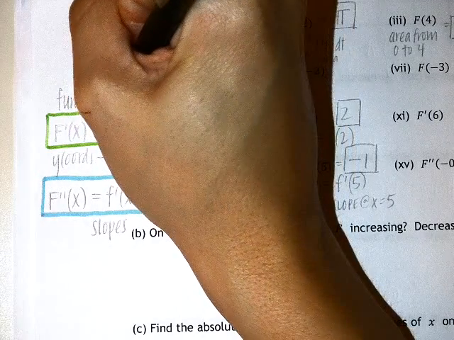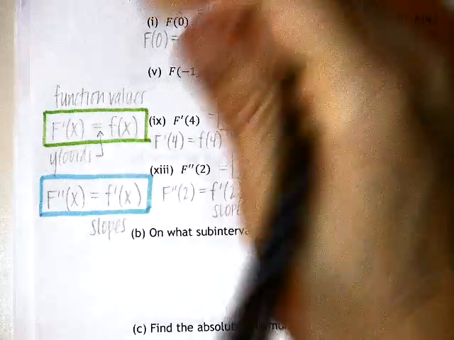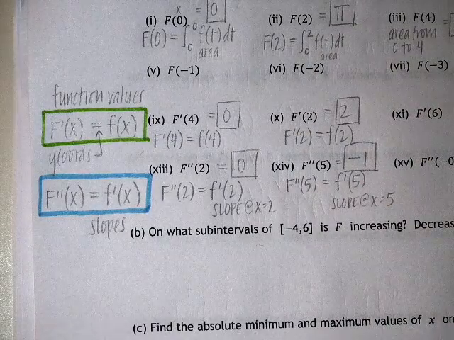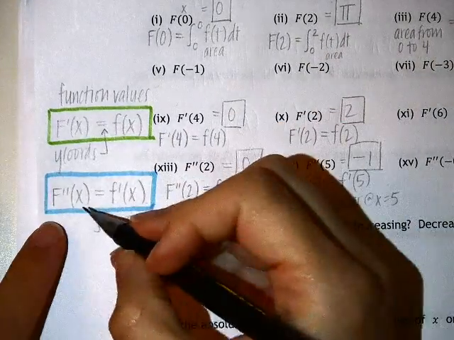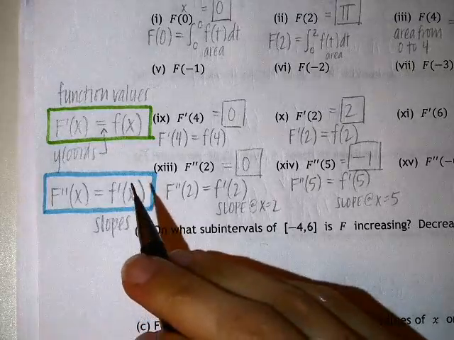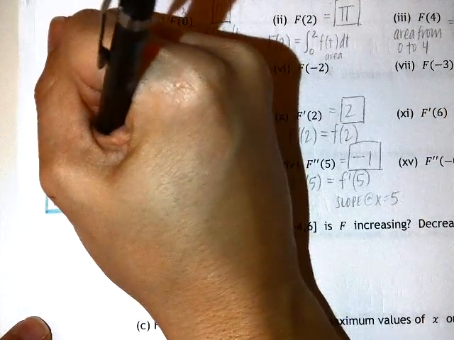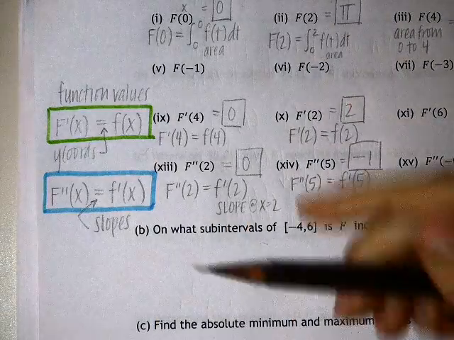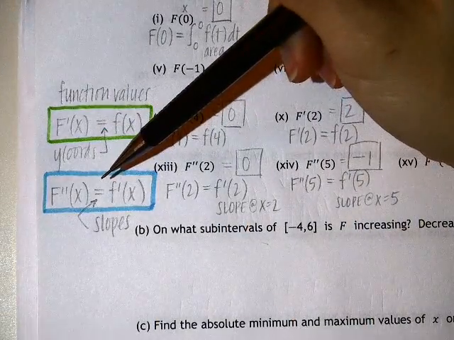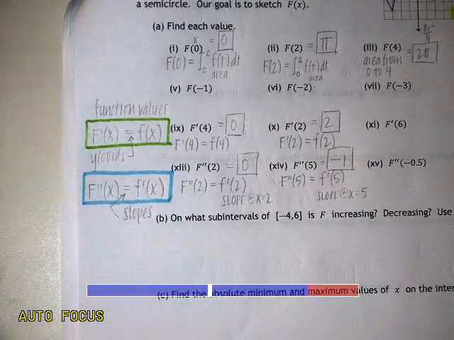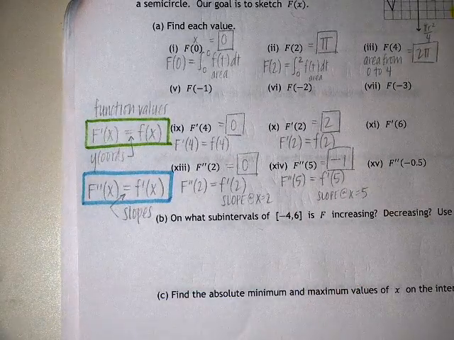If you're doing a problem with big F prime, which is the same as little f, it's really just asking for y coordinates. If you're talking about a problem with big F double prime, which is really the same as little f single prime, then it's a question asking you about slopes. So those are basically the two main ideas here, y coordinates and slopes. If you can look at a graph and get y coordinates and slopes, you can get all of these values.